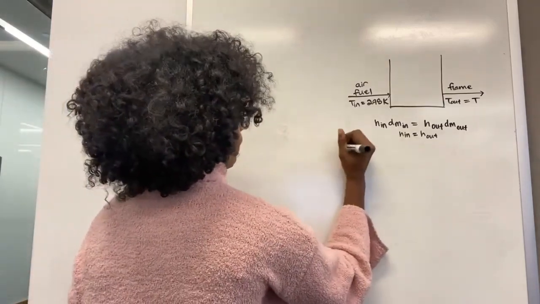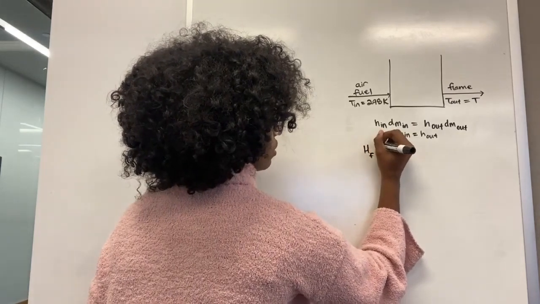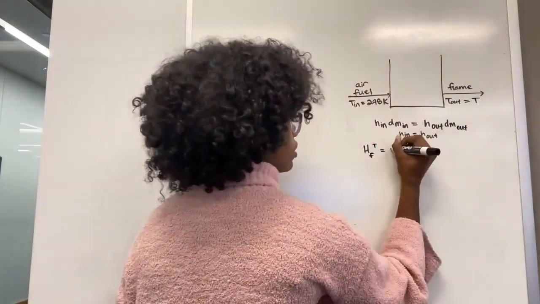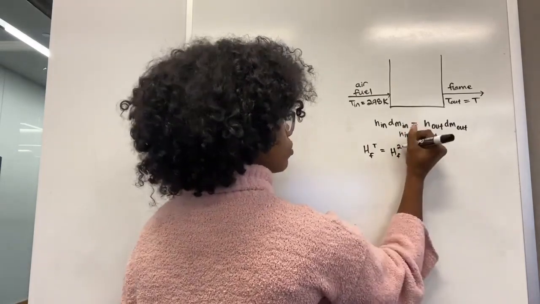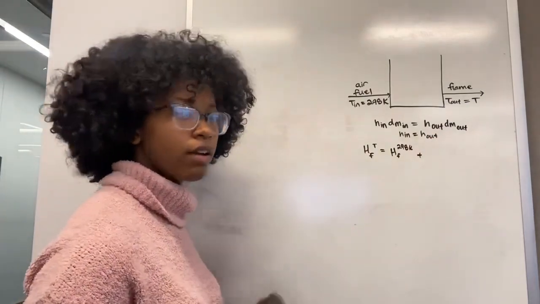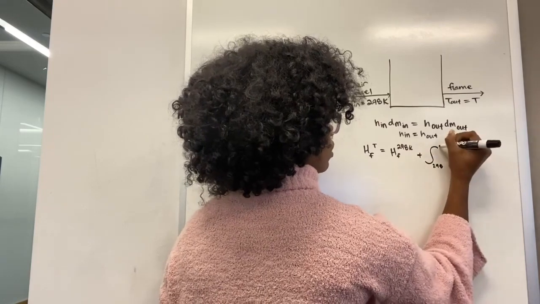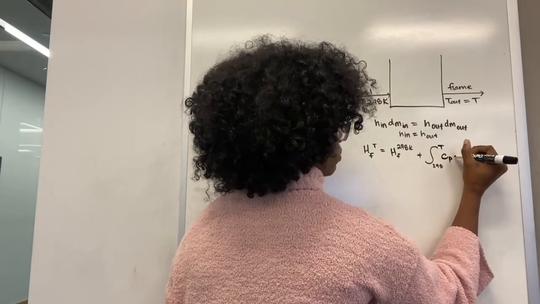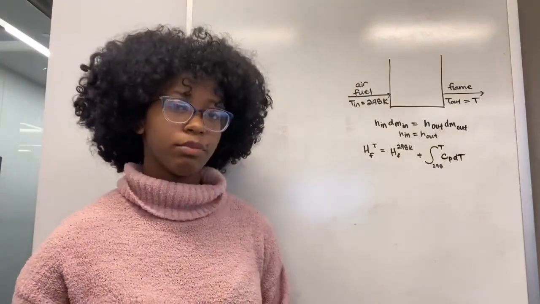So we have the heat of formation at temperature T, which is our very high flame temperature, is equal to the heat of formation at our initial temperature, which is 298 kelvins, plus the integral from 298 to T of the heat capacity at constant pressure times the change in temperature.